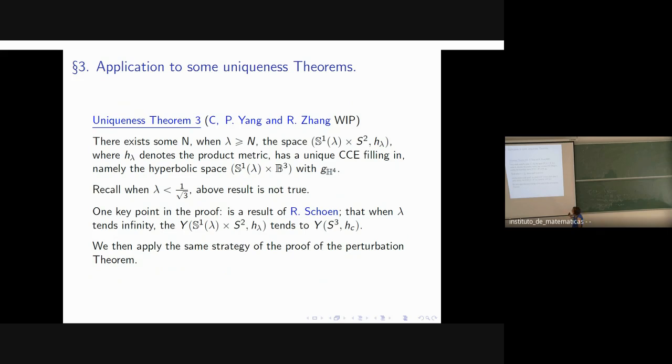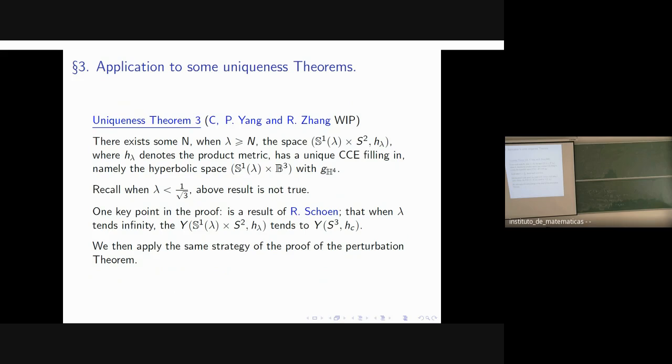So in this case, we also have uniqueness. Note that this result only holds when lambda is big. When lambda is small, we do know there exist other extensions. What is the critical value where different extensions exist is an open question. We do not know if 1 over square root of 3 is the critical value where the bifurcation happens.